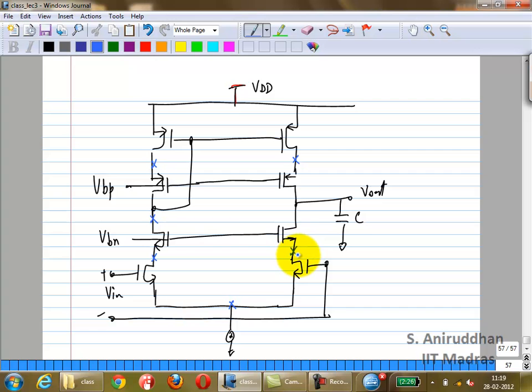You're going to have one here, one at the output node. Let me call these P1, P2, P3, P4, P5, and P6. We have 6 poles. What do we want? We want P6 to be the dominant pole. Correct? Is that right?